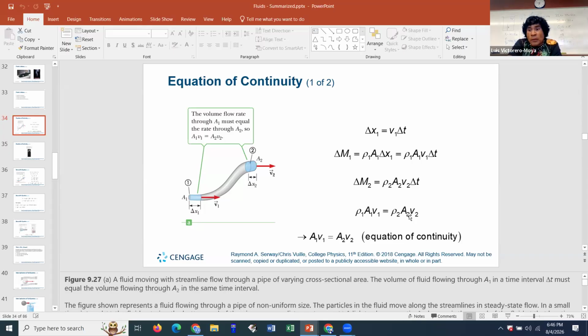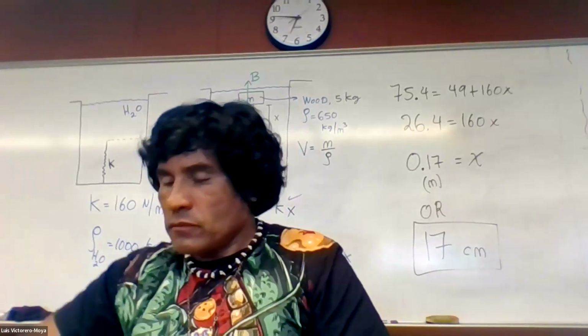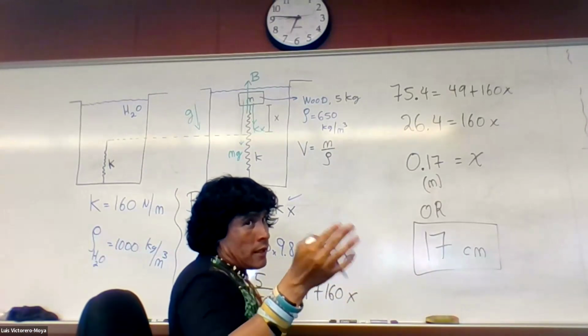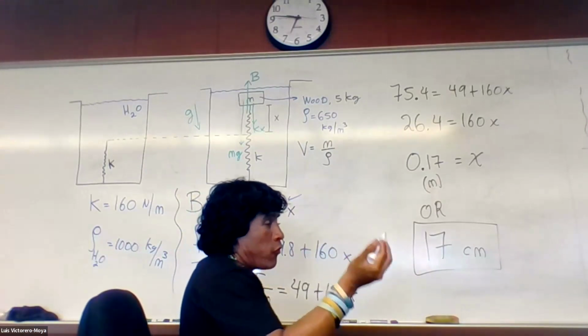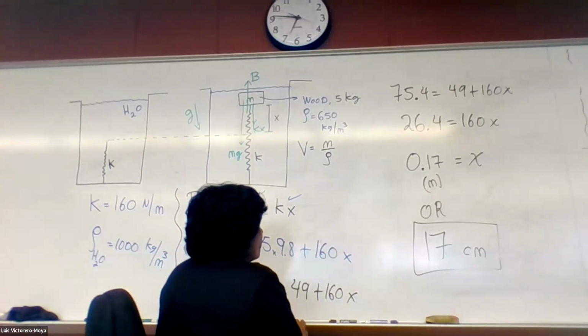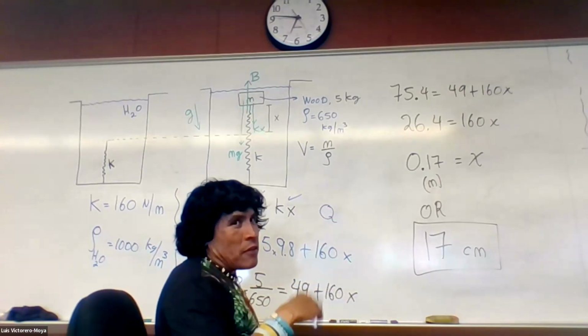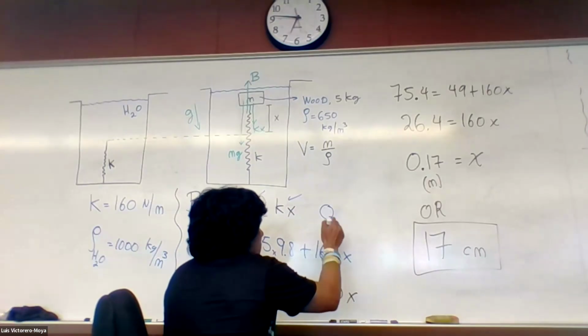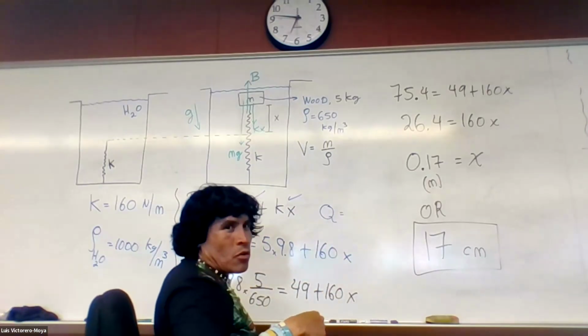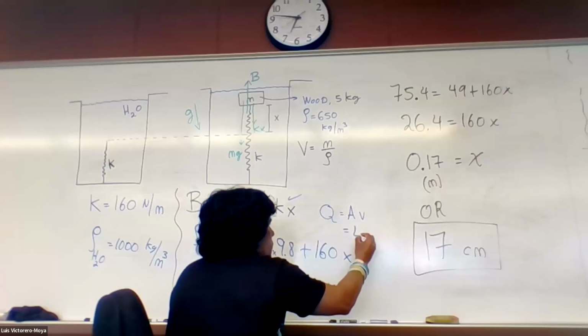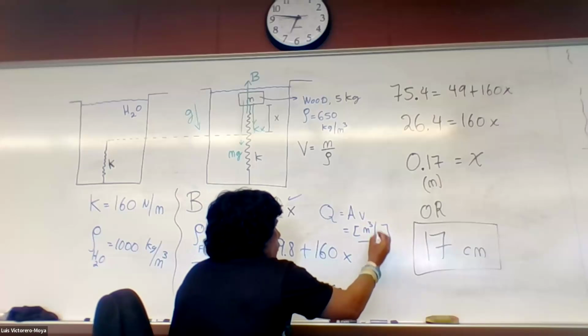There's a symbol for flow rate: Q. We're going to use it again today for something else, but this is the symbol for flow rate, also called caudal. Meter squared times meters per second, the units are meter cubed per second. These are the units for flow rate.